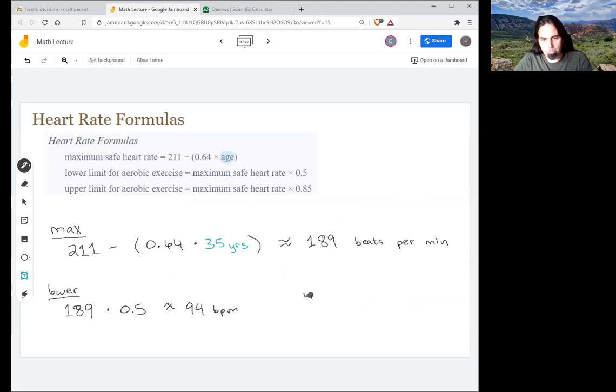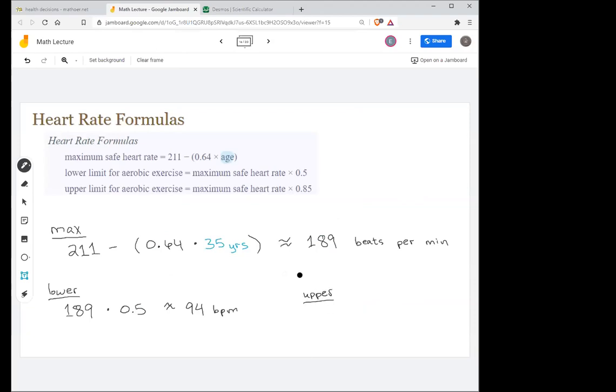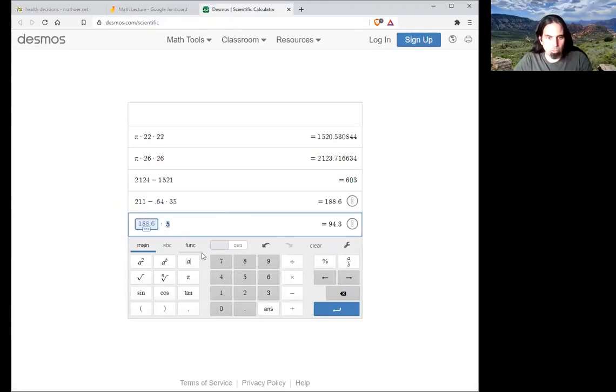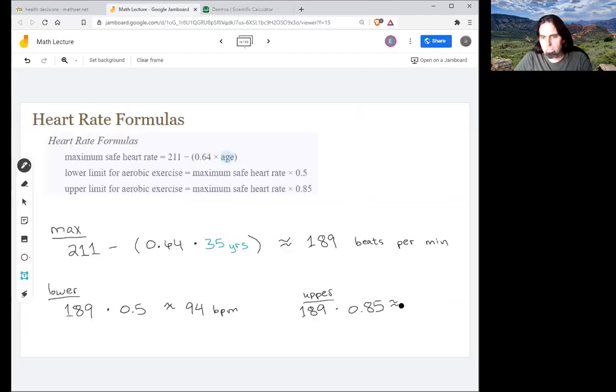And then the upper limit. You would do the max and multiply it by 0.85. So instead of 0.5, make it 0.85, and I get about 160.